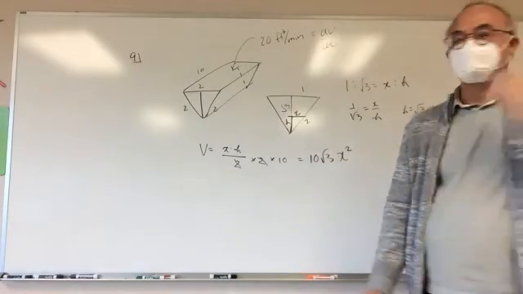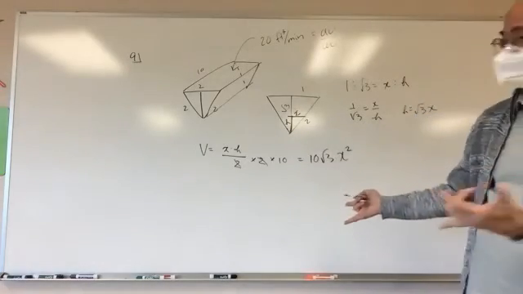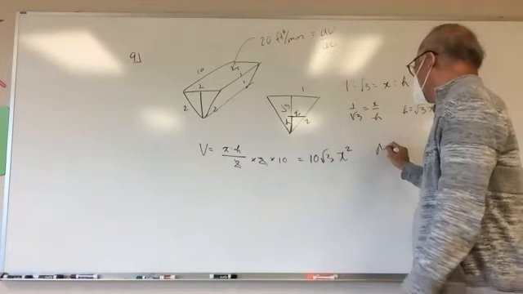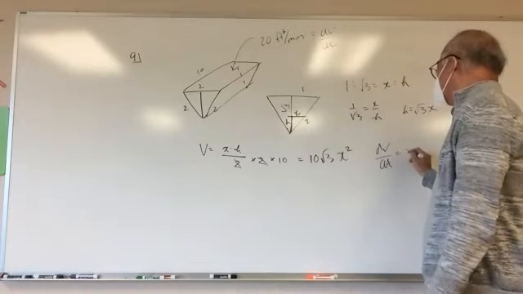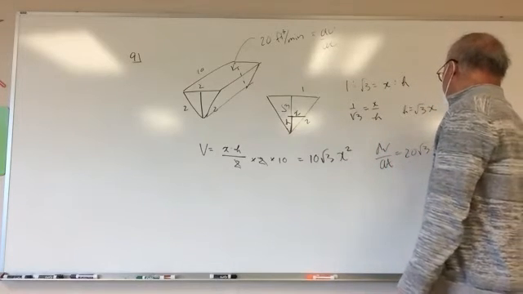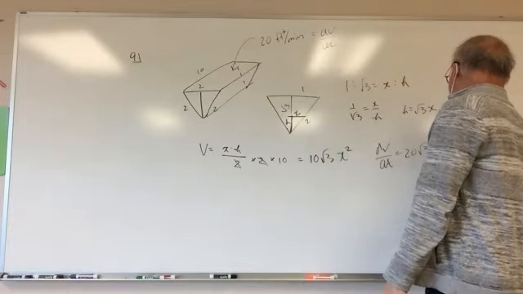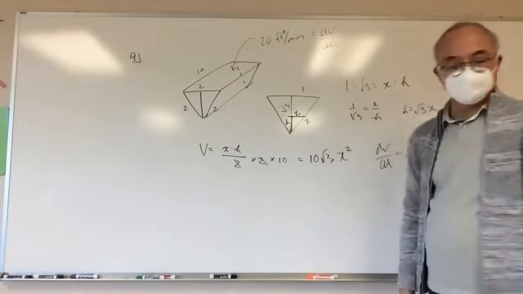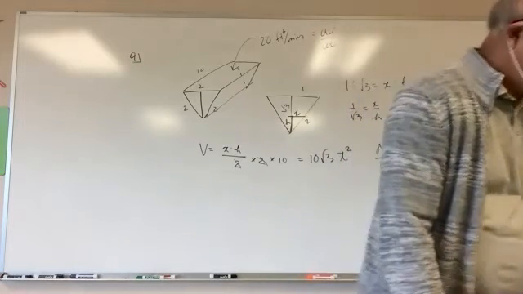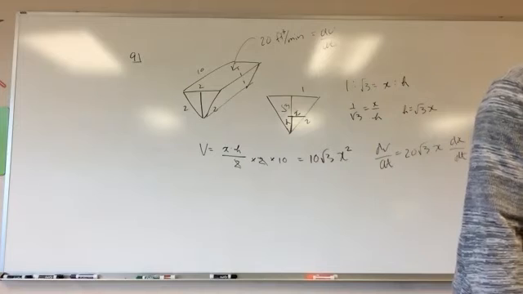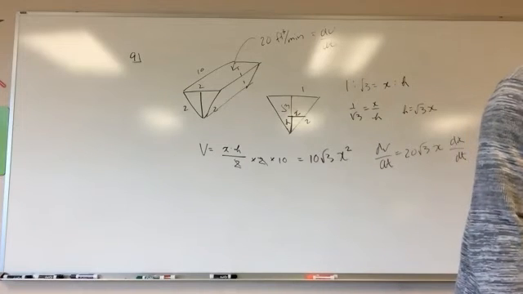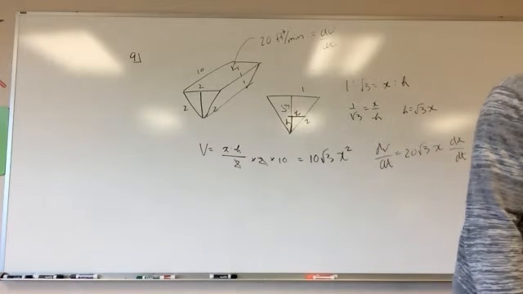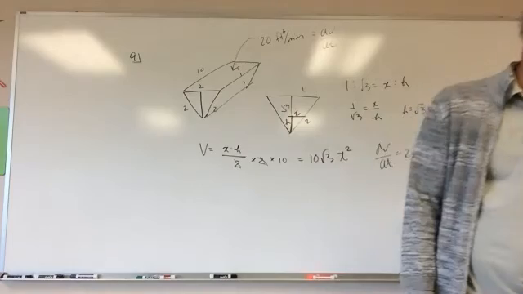So simple. Take the derivative. dV/dt is equal to 20 root 3 x dx/dt. And when the depth of the water in the trough is, it's h actually, h is equal to 1, right?